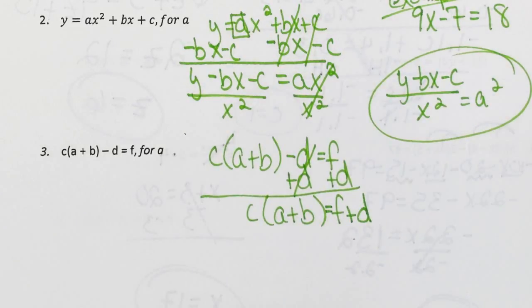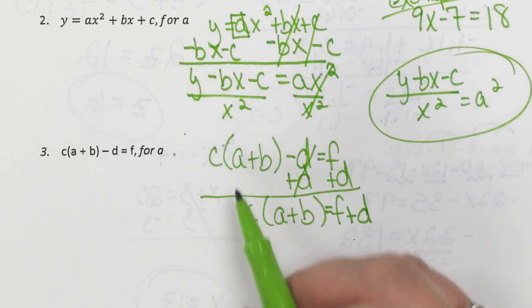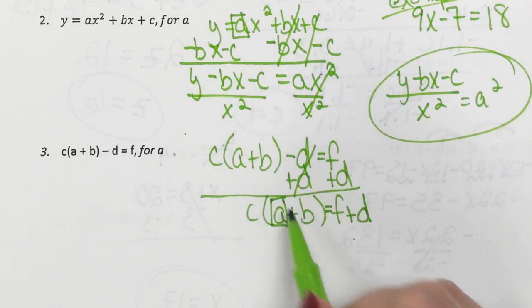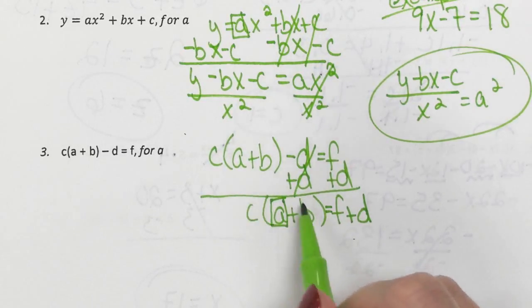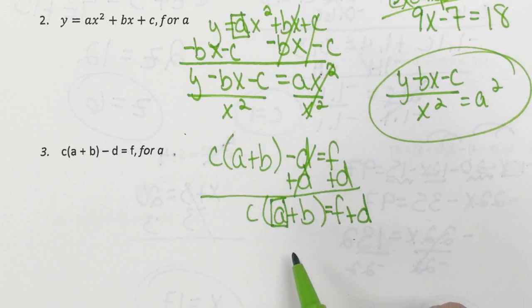Forgot my equal sign. Y'all okay? Now what could we do? I still don't want to distribute because I want to get a by itself. I can't subtract the b because it's attached to this c. I can divide by c, Andrew. Very good.